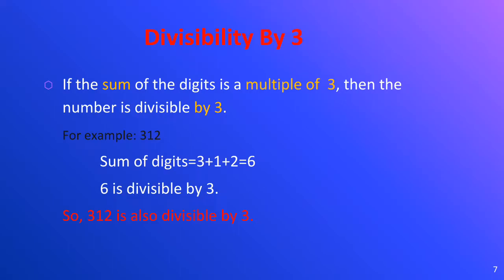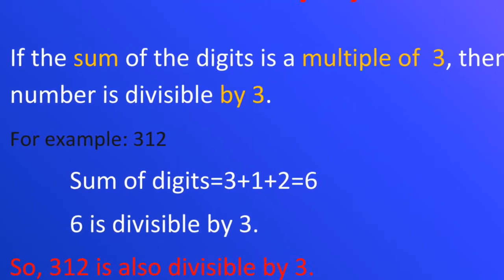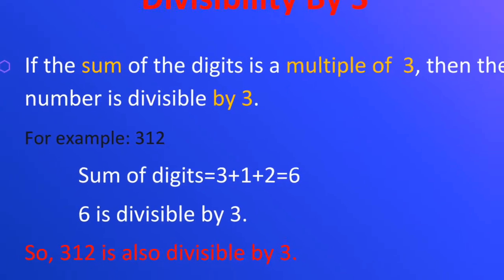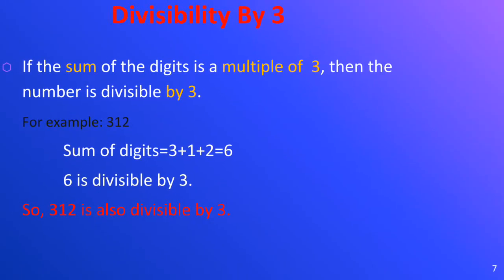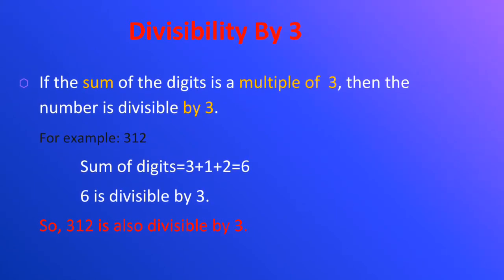Your example, 312. So, sum of the digits 3 plus 1 plus 2 equal to 6. 6 is divisible by 3. Since 6 is a multiple of 3, so we can say 312 is also divisible by 3.